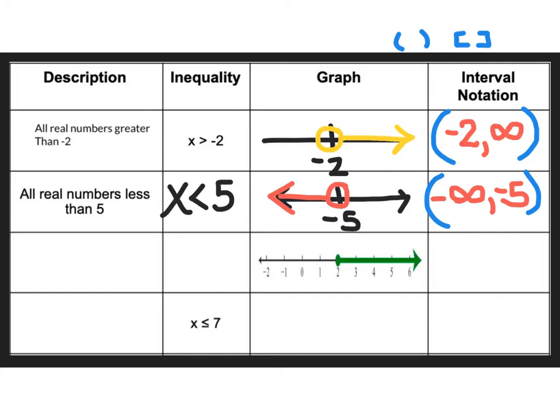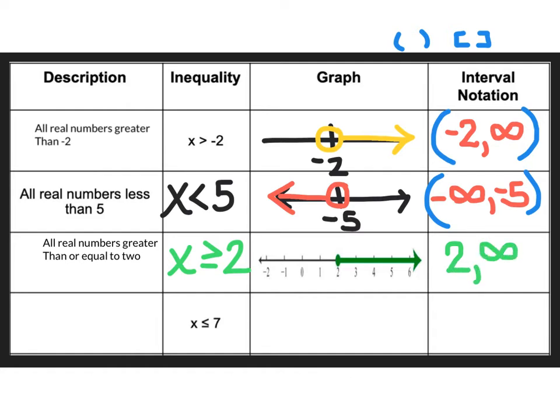In our next statement, you are given a graph, which would be x is greater than or equal to 2, and this would include all numbers greater than or equal to 2 as a written statement. To express this solution set in interval notation, it begins at 2 and goes infinitely to the right.